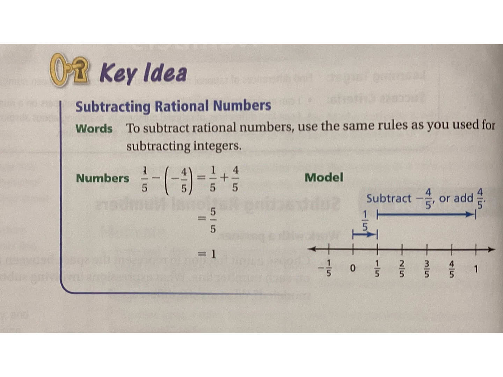So add the opposite. I change that to a plus, and the negative becomes positive. Now it's 1/5 plus 4/5, and that's what it says right here. They have the same denominator, so you can add them. You get 5/5, which is the same as 1. Subtracting is always adding the opposite.